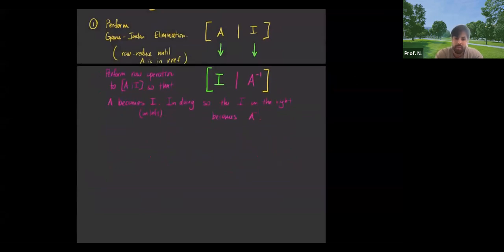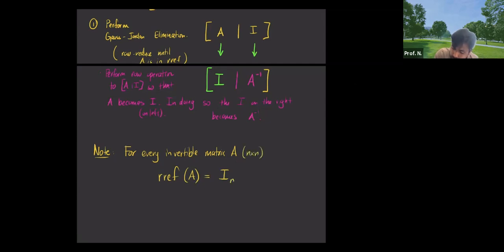So row reduced echelon form means invertible. No, what I'm saying is, note, for every invertible matrix A, the row reduced echelon form of A will always be I. And if I call this n by n, then this will be the identity.